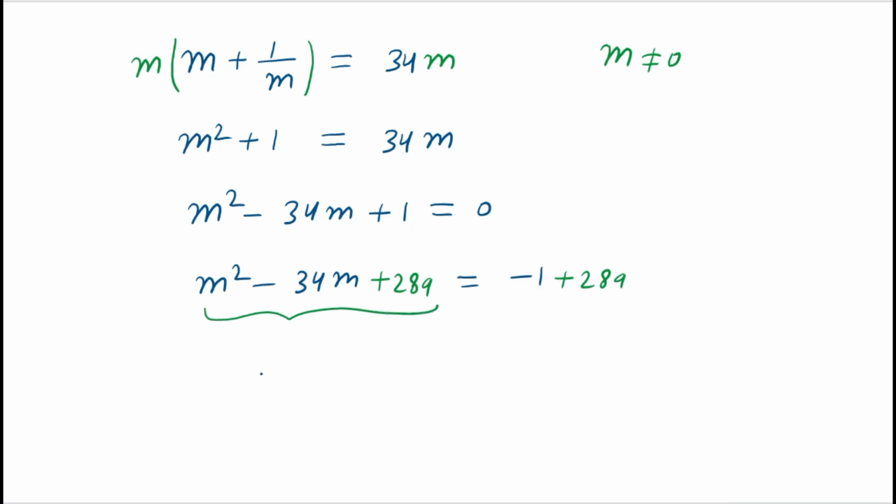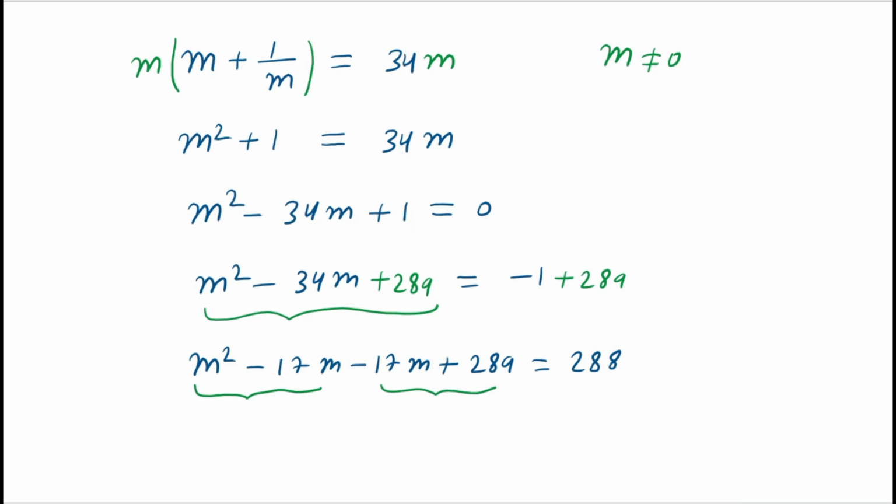Now in the left hand side we will apply middle term split. m² − 34m is −17m − 17m + 289, and this is equal to 289 − 1, this is 288. Now look carefully at the first two terms and then the last two terms.